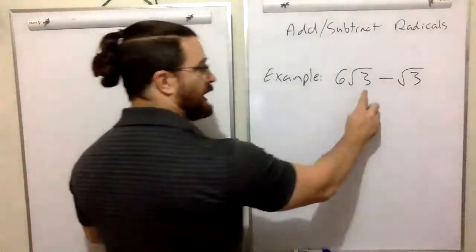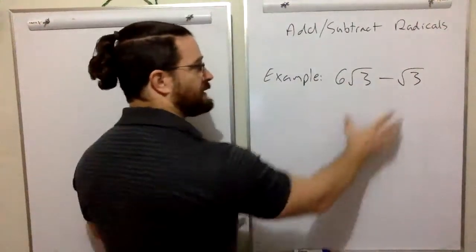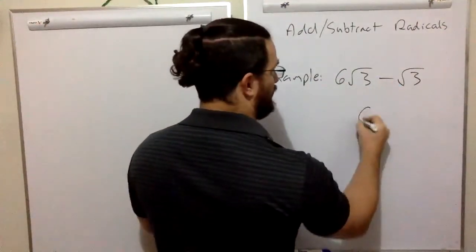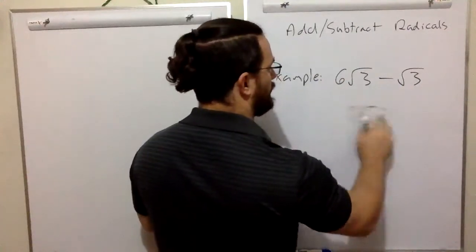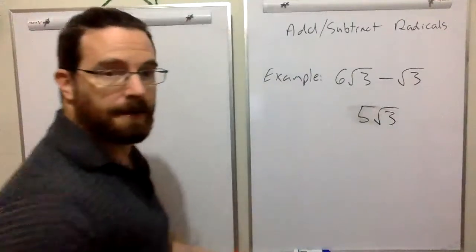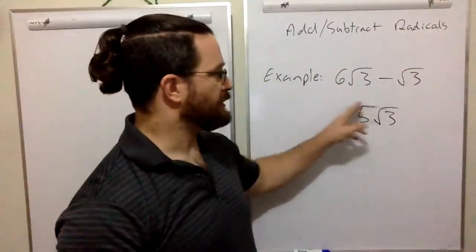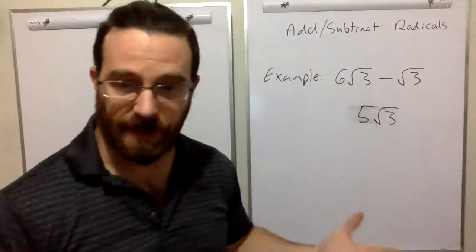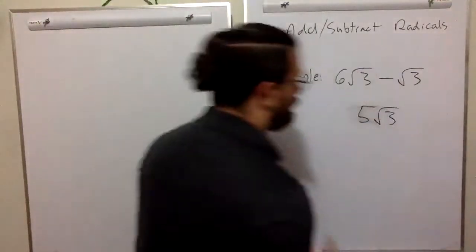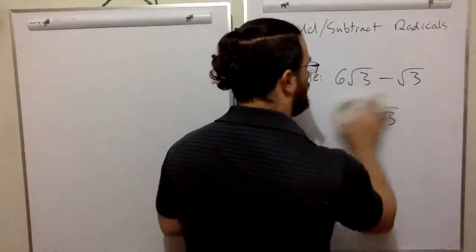So as long as these radicals are the same, I can subtract. So this is going to be 6 minus 1. So this is going to give me 5 radical 3. Try not to forget that if there's no number in front of the radical, we can assume there's a 1 there.